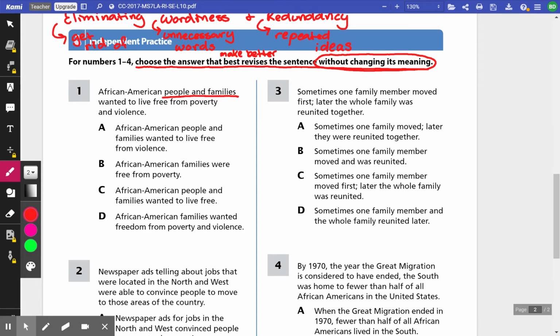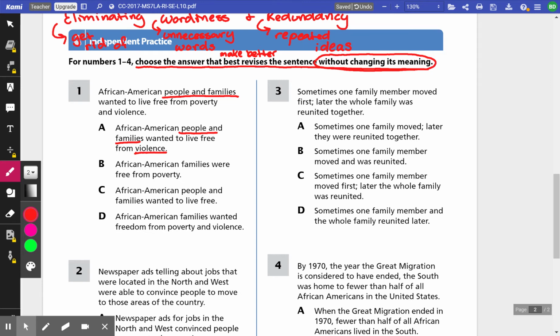So let's look at answer choice A. It says African American people and families wanted to live free from violence. So we've still kept this phrase, people and families, and it's saying they want to live free from violence, right? Well, they want to be free of more than just violence. They want to be free of poverty as well.